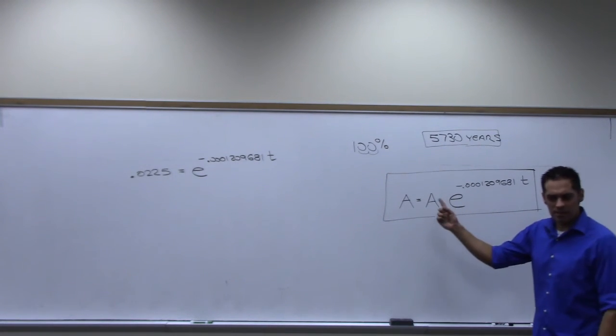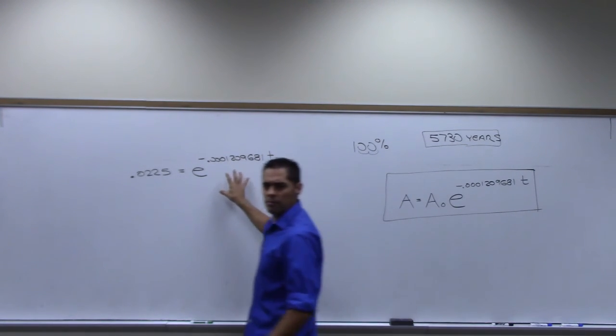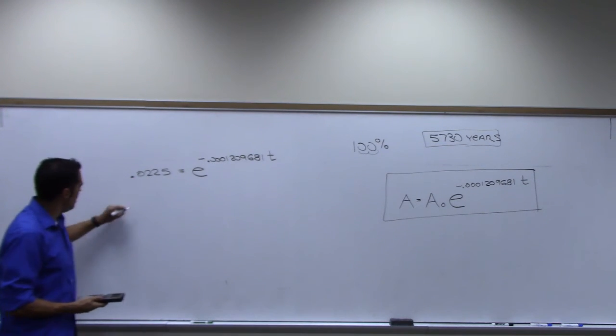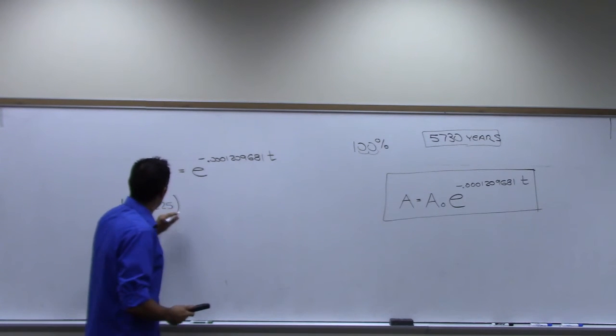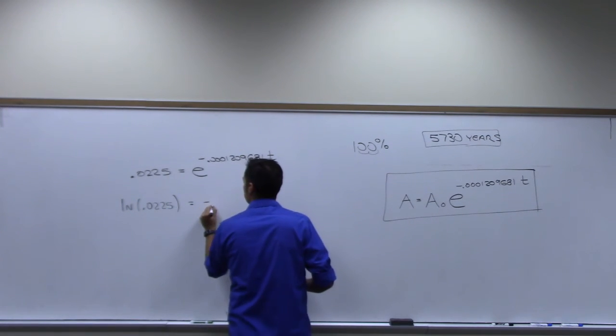Natural log of both sides, right? Do y'all see that this is the same problem? Okay, so I'm going to take natural log on this side. Over here, when I take natural log, I'm just going to get this big ugly thing.